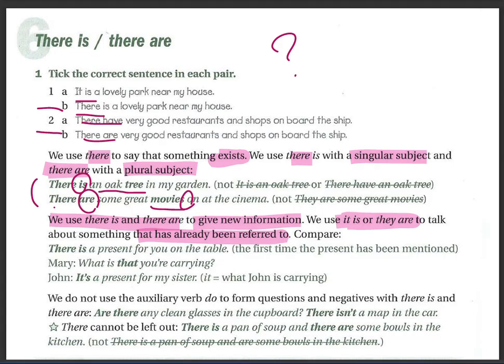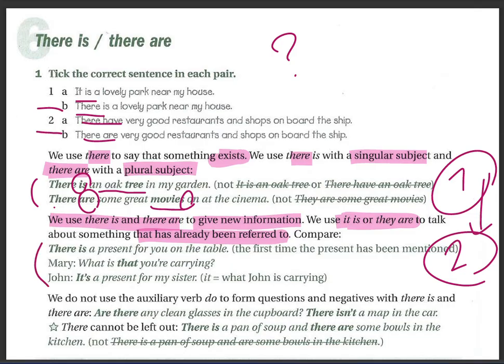So when you want to talk about a topic for the first time, you use there is and there are. And when you want to continue on the other sentences or the rest of your writing or speaking, you can use it is or they are. Look at here the example. There is a present for you on the table.